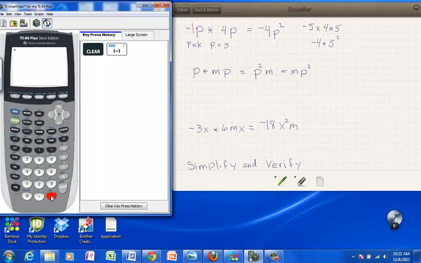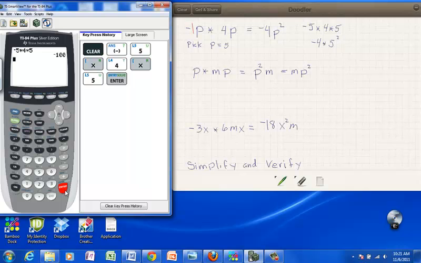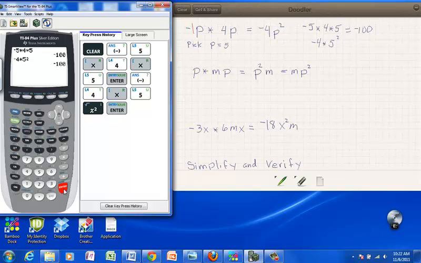So over here on the calculator, negative 5 times 4 times 5 is negative 100. And negative 4 times 5 squared is also negative 100.